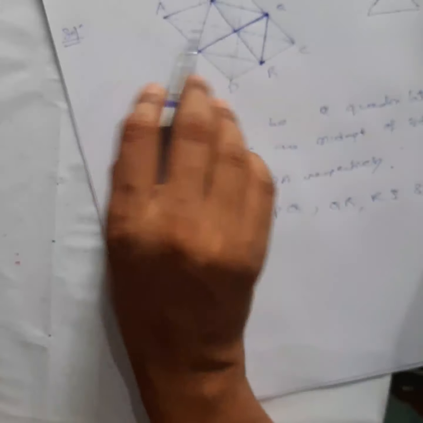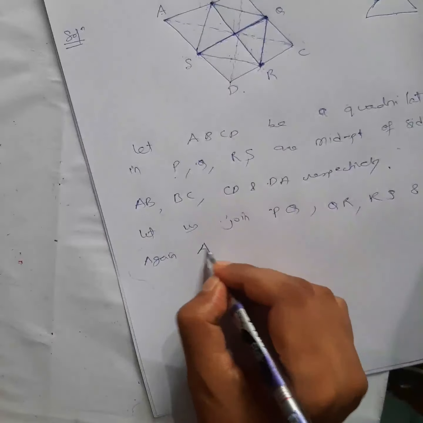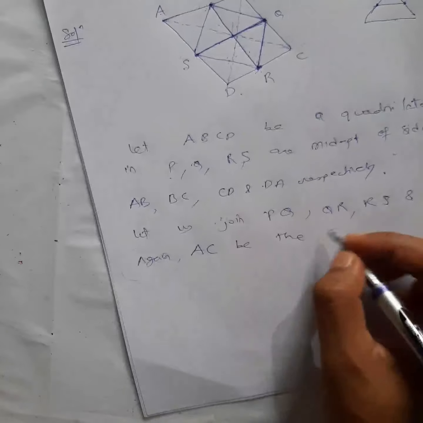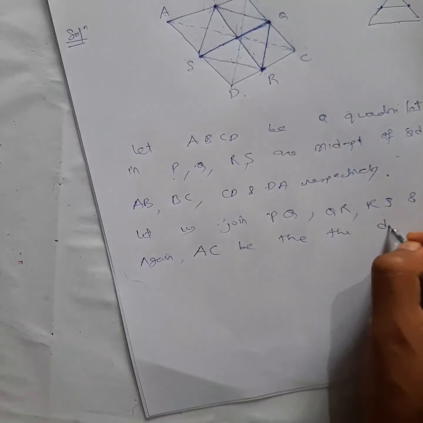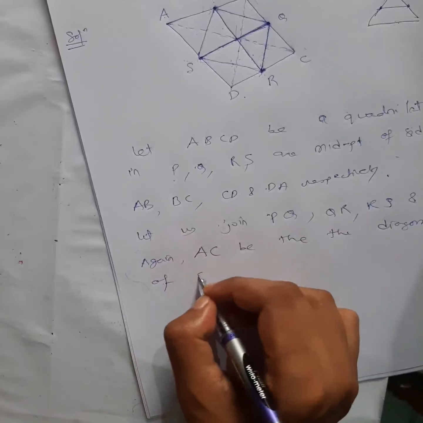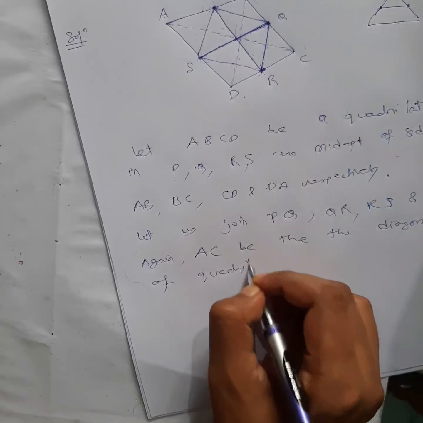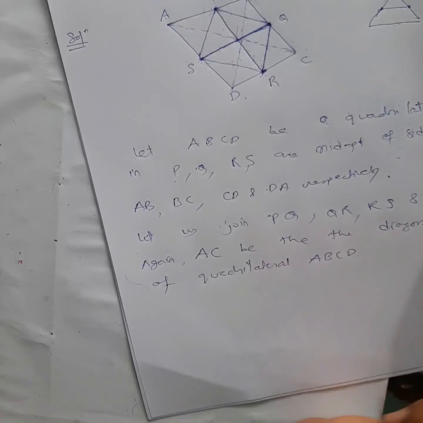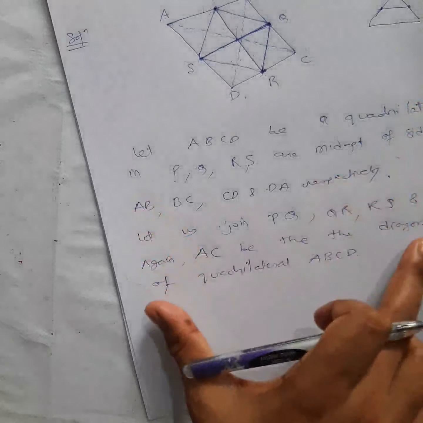First let's use this diagonal AC. Let AC be the diagonal of quadrilateral ABCD. Everything what I am writing here is from the diagram.